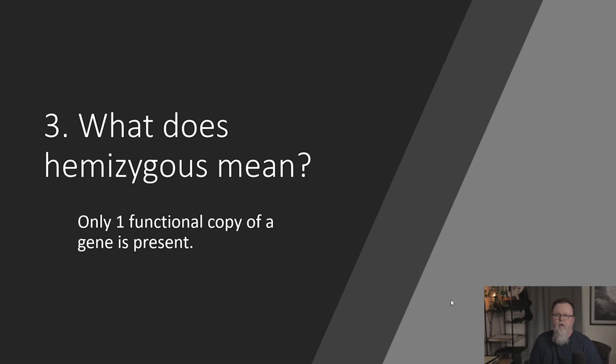What does hemizygous mean? It's only one functional copy of a gene is present. And, for instance, in biological males, any genes on the X chromosome are hemizygous for those individuals.